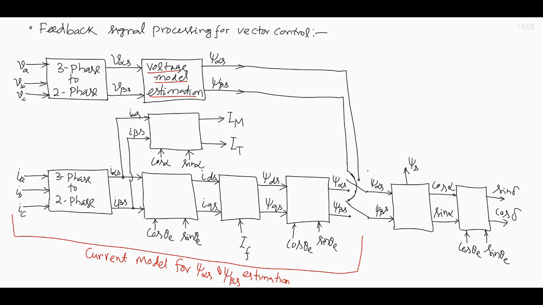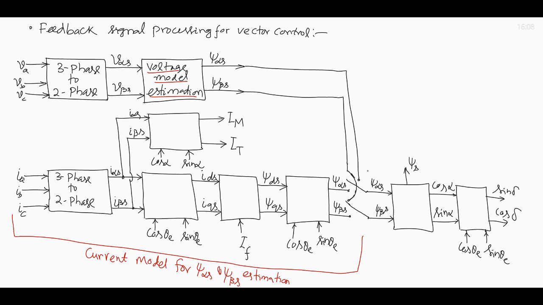Why? As you can see, the voltage model has good performance for higher speed operation because it is parameter independent. Parameter dependency is minimum in the voltage model, so it gives good estimation of flux linkage. But at low speed operation, below 5% of the base speed, because of low value of voltage and frequency, the integration becomes difficult.